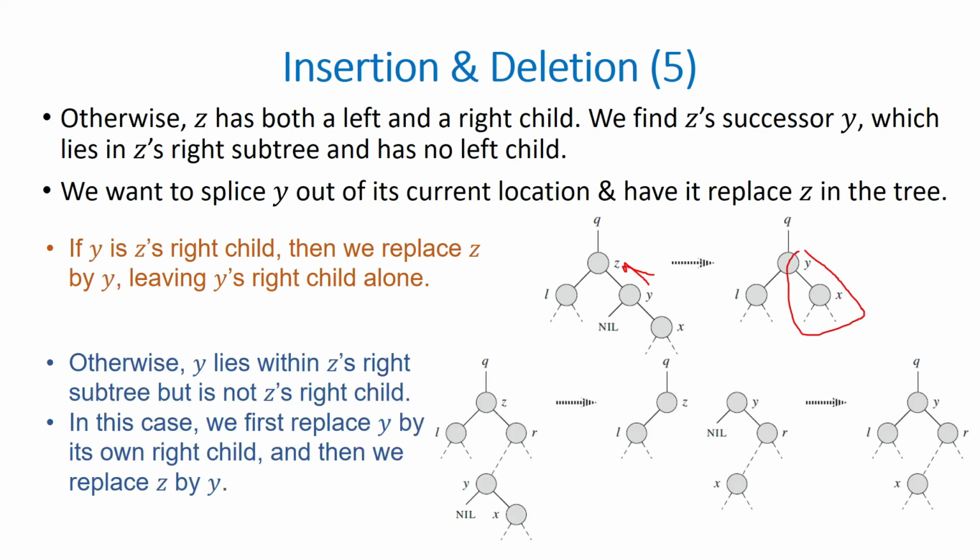If Y is not the immediate right child of Z, then it should be the node in the leftmost part of the right subtree of Z and should have no left child, as shown over here. In this case, what we do is we first replace Y by its own child, which is X, and then we replace Z by Y. This procedure is shown over here.